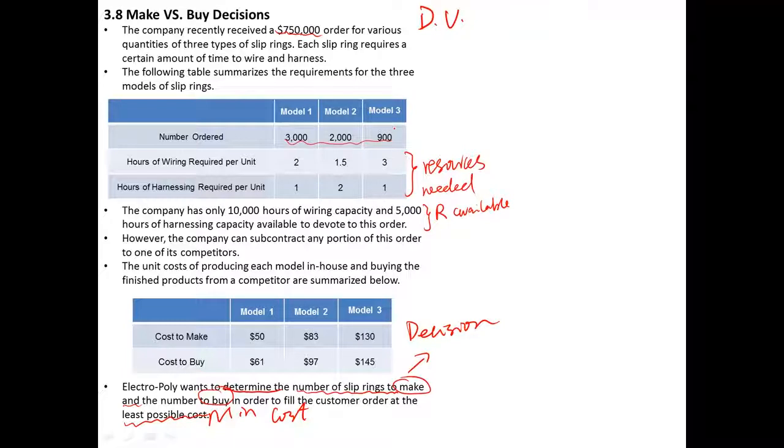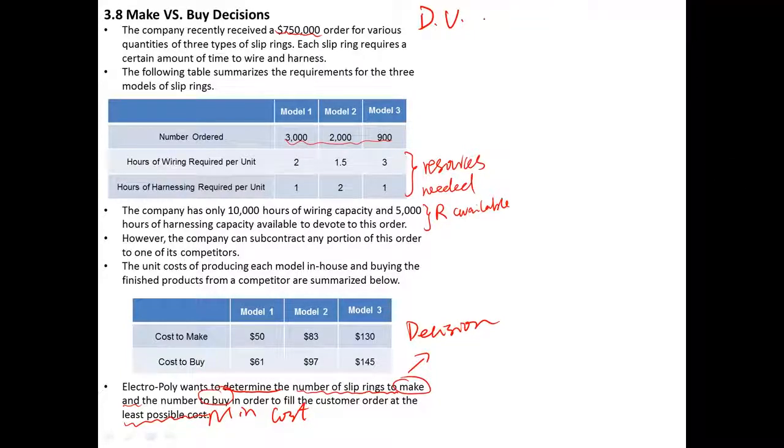Okay, and of course we can use x1 through x6 to represent those 6 decision variables. But we can also use some symbols that are easier or more meaningful to represent what we are trying to solve.